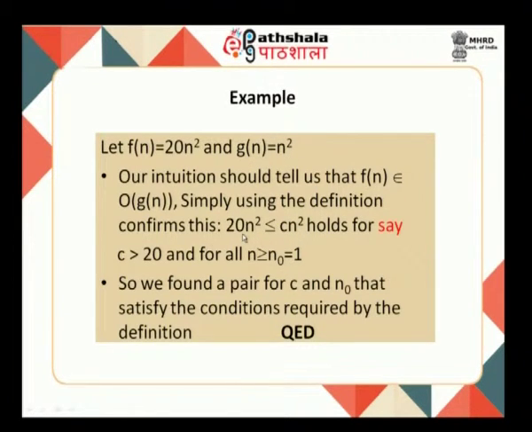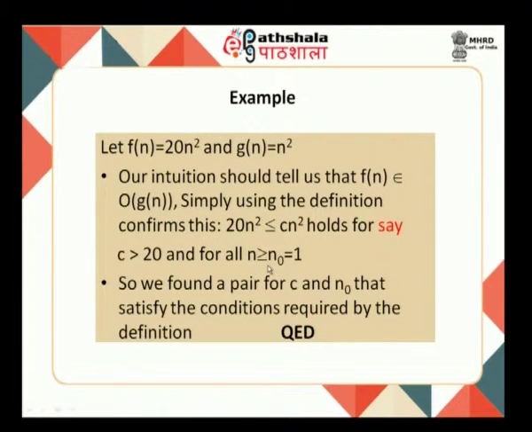Now, if I can find a scenario where this condition holds good, then I can use the big O notation. So, I can say for c greater than 20, this condition holds good.